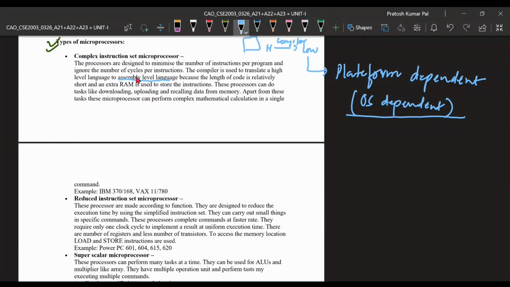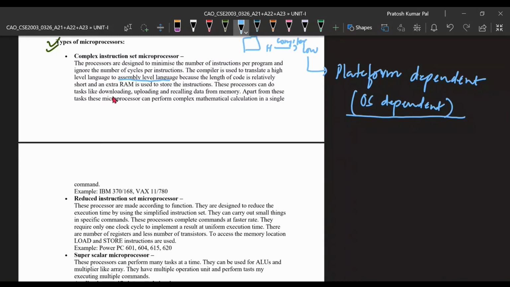It will run only on the platform where it is specified to work. If it is converted to machine level language, it is understandable to that machine only. The same machine language code given to another machine will not work. So it is machine dependent, platform dependent, or OS dependent.